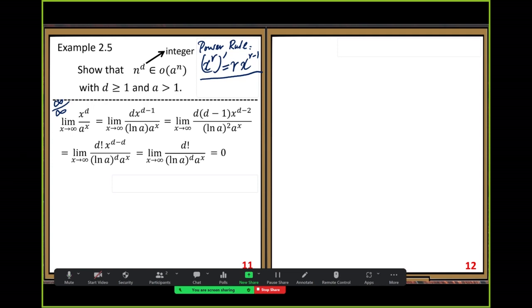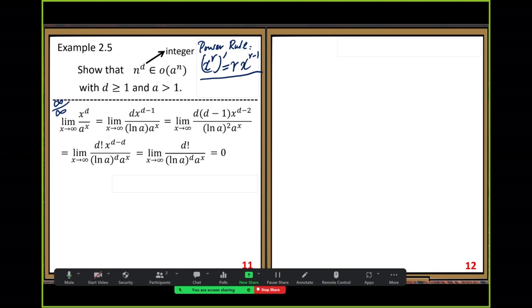Every step you have to make correct logical reasoning. So then we get a conclusion: n to the d belongs to little o of a to the n. That's the big step we make.